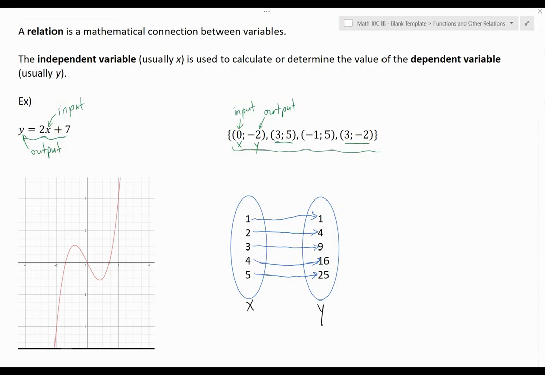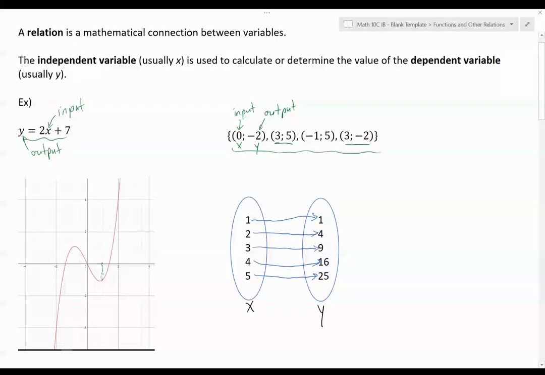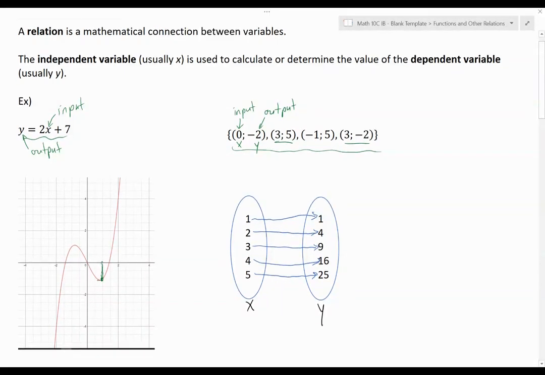We can also represent relations graphically. I have a graph over here on the bottom left. This is a collection of points, again like the set I just looked at, except that this is now an infinite collection of points. So I could come up with other outputs for other inputs. For example, if x is 1 here, I could figure out the output by finding the y value there.